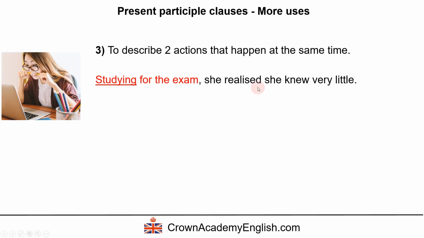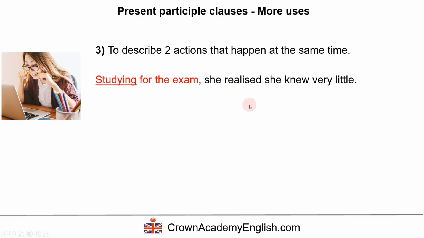So the full version would be, while she was studying for the exam, she realized she knew very little. So this is the past. This is happening in the past. So we're using a present participle with a verb in the past in the main clause.